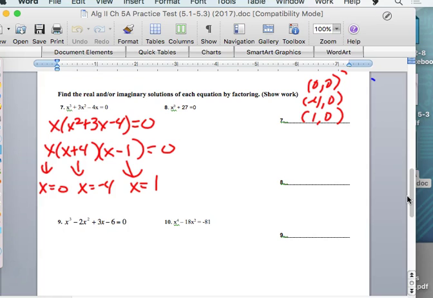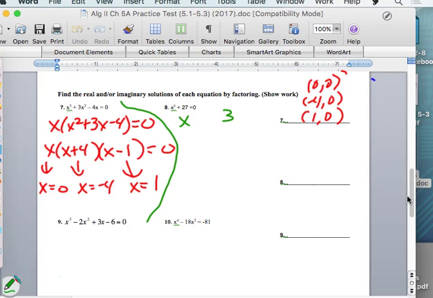Number 8. What do you see? Perfect cubes. Yeah, I can see everybody's trying to get those right now. So what do you cube to get x cubed? X. What do you cube to get 27? 3. We've got an x and a 3 for our a and b.